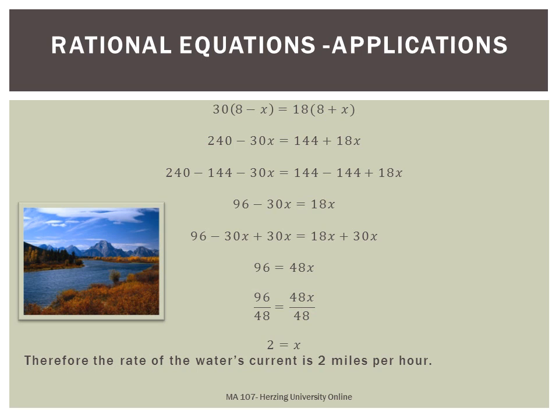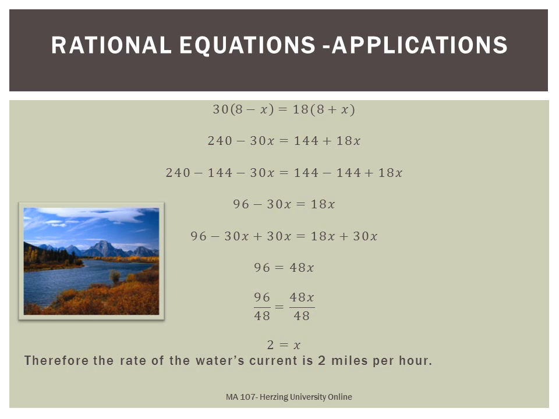Apply the distributive property. 30 times 8 minus x equals 18 times 8 plus x simplifies to 240 minus 30x equals 144 plus 18x. Subtract 144 from both sides of the equation, and the result is 96 minus 30x equals 18x.